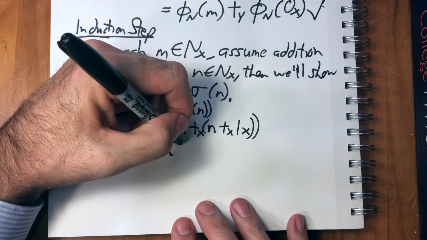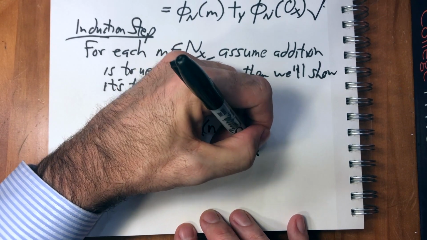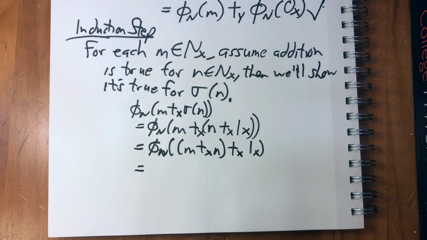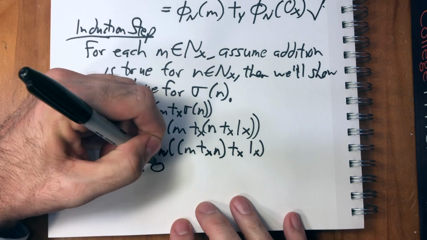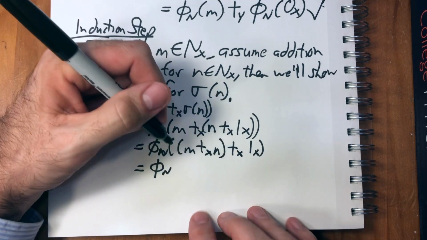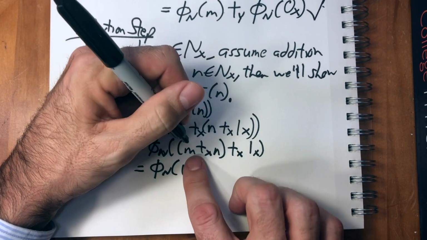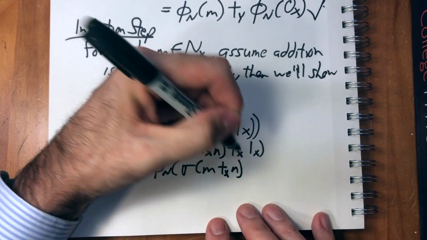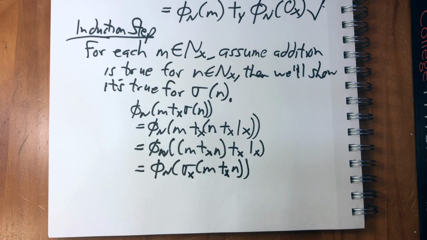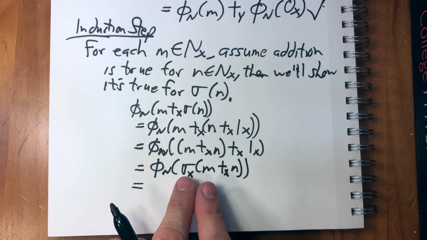Now we're just going to do associative, m plus n plus 1 equals, now this is the definition of sigma in x. So we have sigma of m plus n. Now using our lemma, phi of sigma equals sigma of phi.